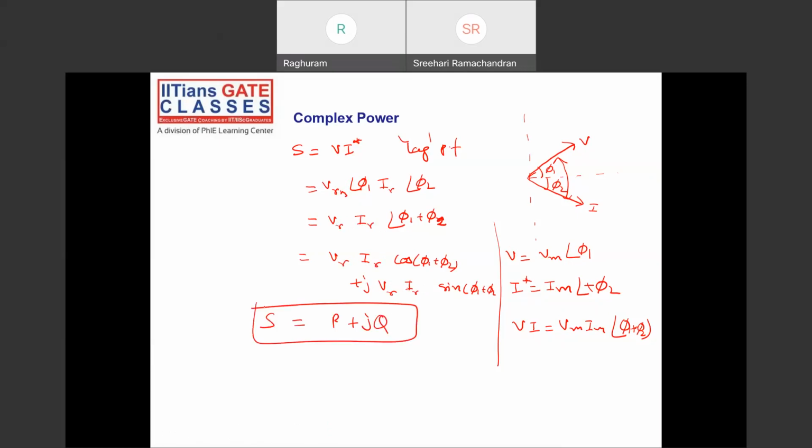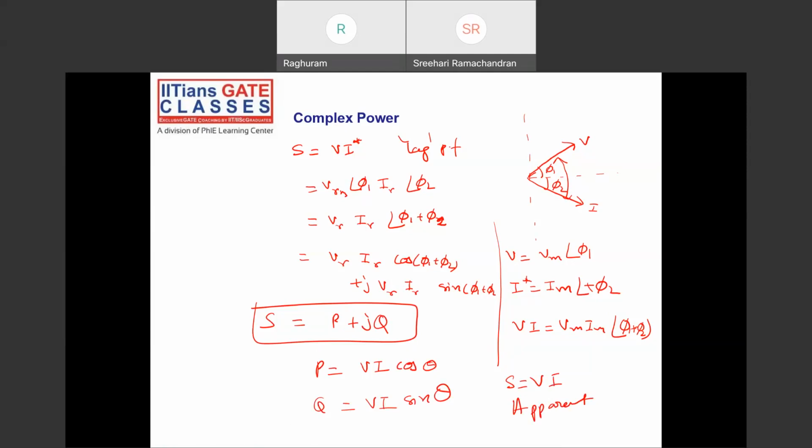S is equal to P plus jQ. P is VI cos theta, where theta is phi 1 plus phi 2. Q is equal to VI sin theta. S is called the apparent power, VI.